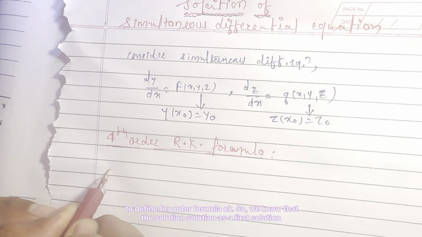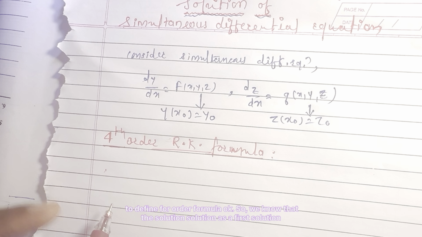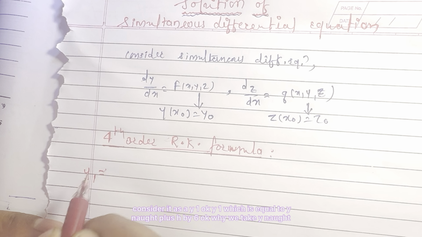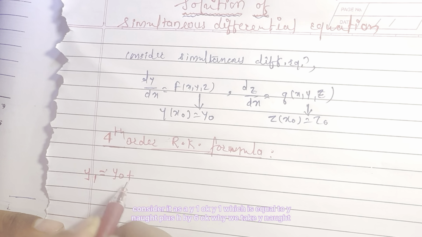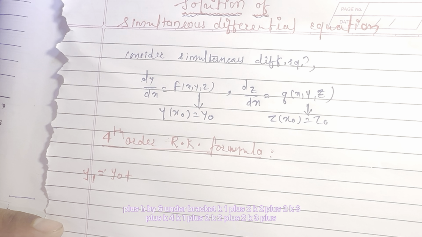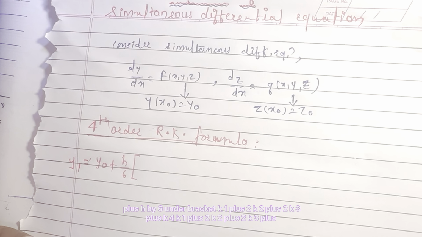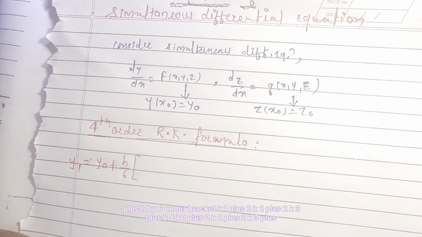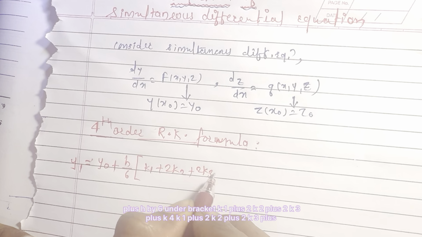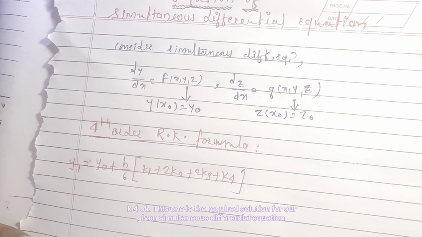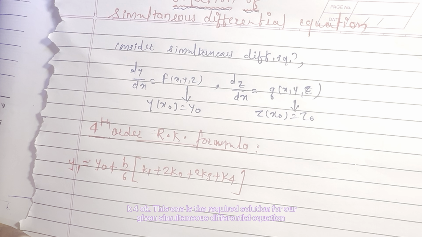The first solution, consider it as y1, is equal to y naught plus h by 6 times, under bracket, k1 plus 2k2 plus 2k3 plus k4. This is the required solution for our given simultaneous differential equation.